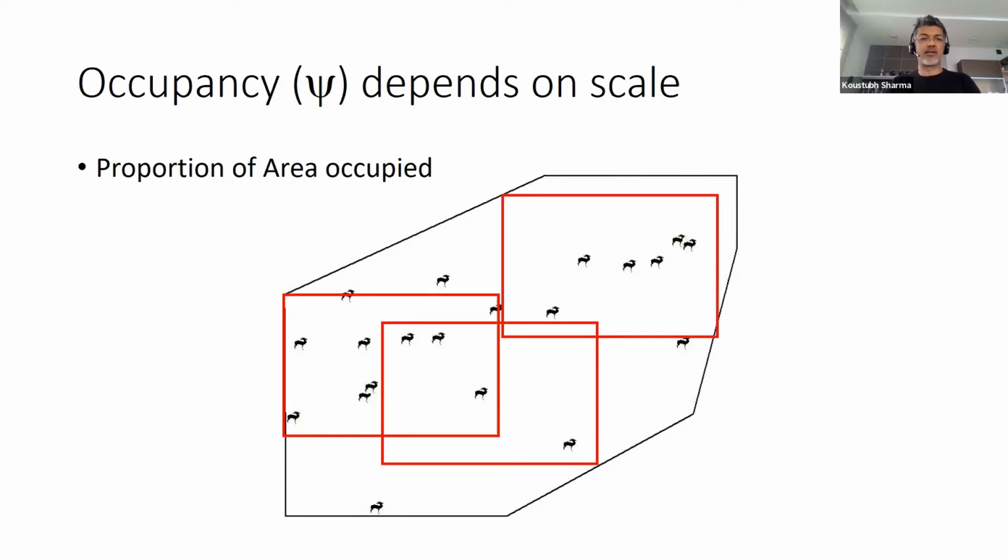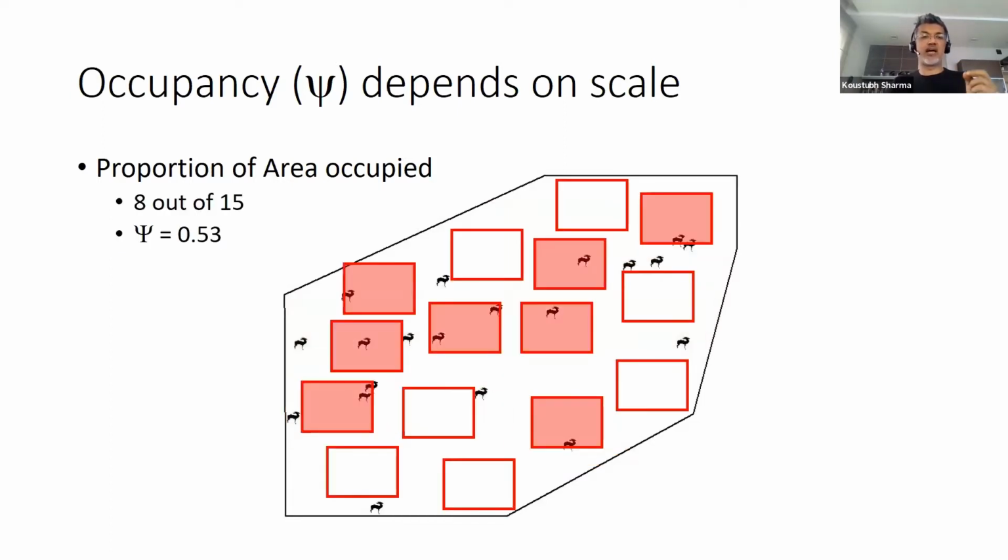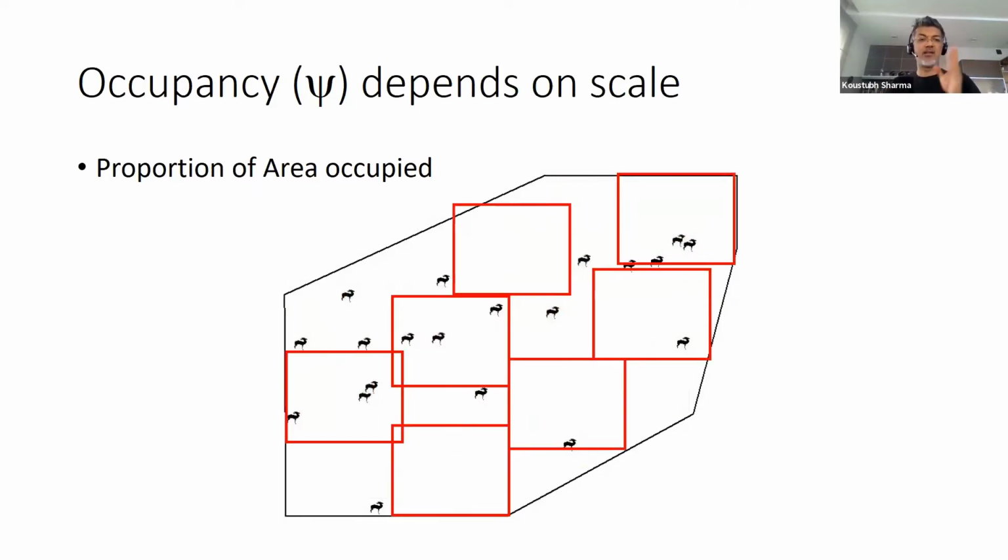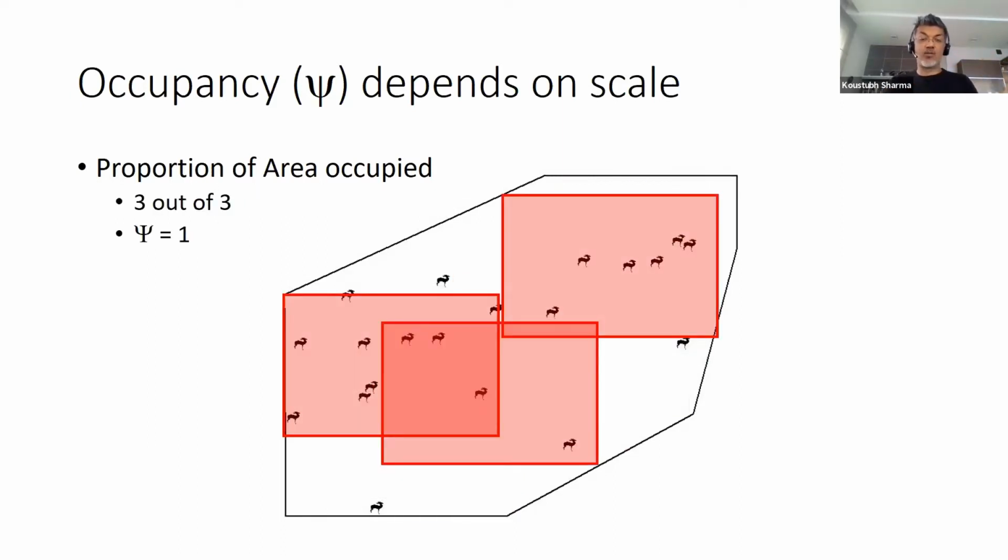Let's go one more example. Now it's even bigger. Again, no problem in sampling units overlapping with each other. But now it's 3 out of 3 sampling units occupied by the species. So my occupancy estimate is 1. For the same distribution of the species, I have 3 different estimates of occupancy: 0.53, 0.71, and 1.